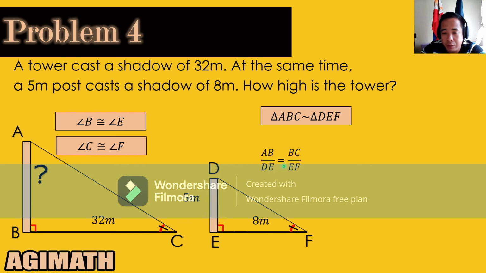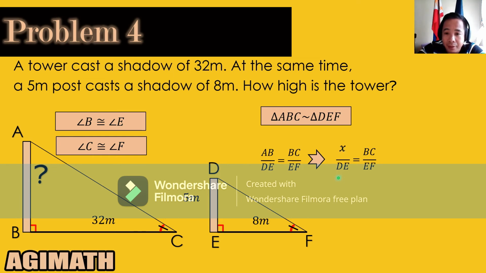So, substituting the available values, AB is what we are looking for, so we can substitute that with any variable, for example x.